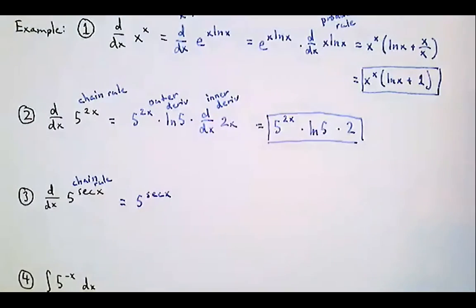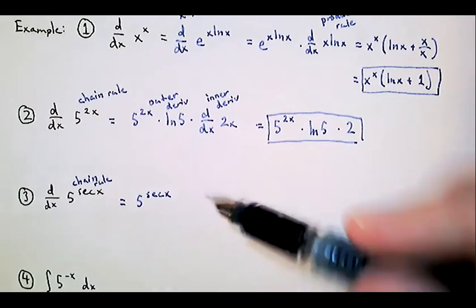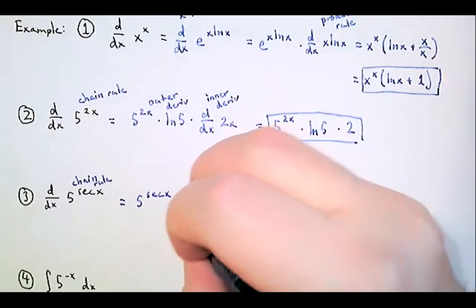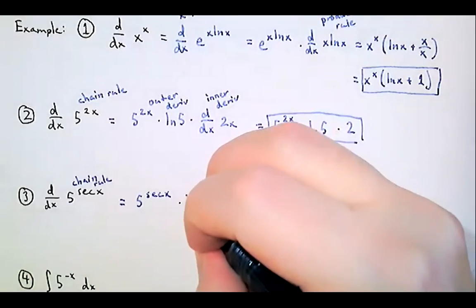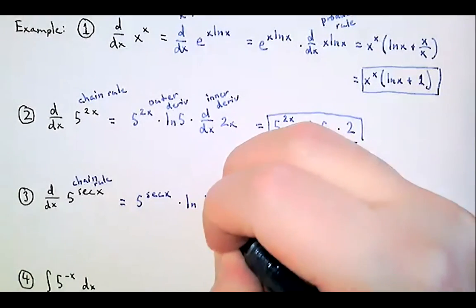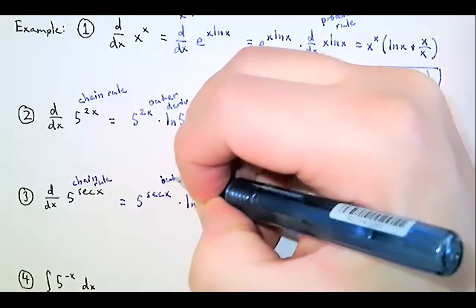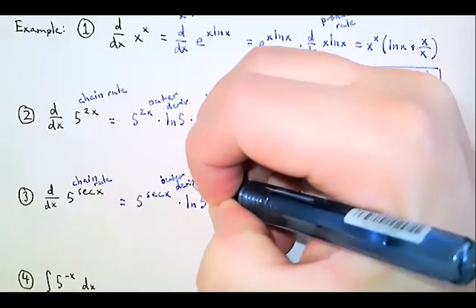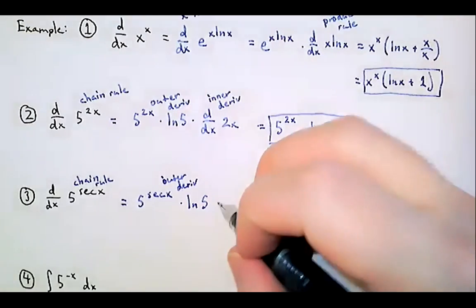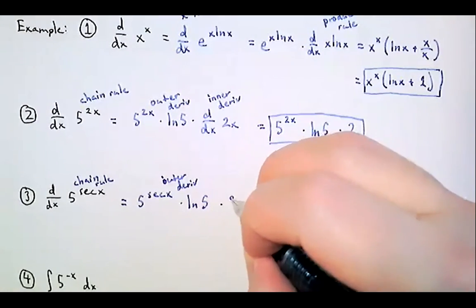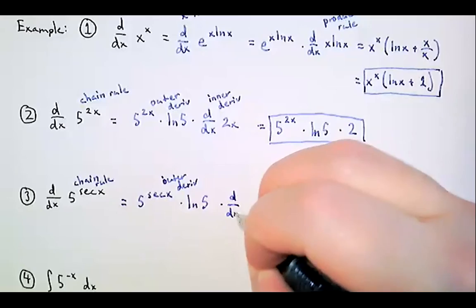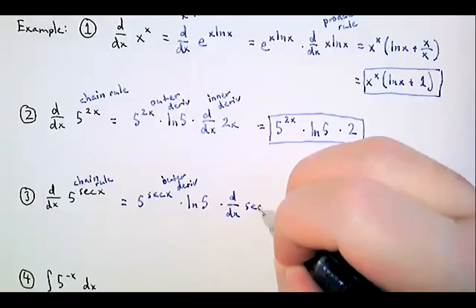The outer derivative gives us the original function, with secant x still plugged in, and then the natural logarithm of the base. And then we need the inner derivative. So we'll have to take the derivative of secant.